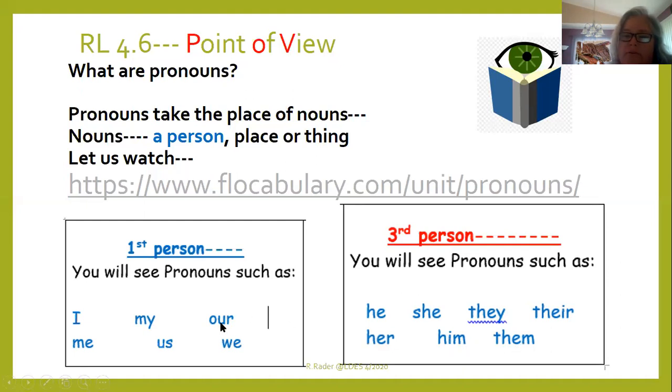So, first person is talking about I. Third person is talking about somebody else. It's kind of like on the playground whenever there's a disagreement and somebody always comes running to the teacher to tell them what happened, and they weren't even in the situation. That's always coming from a third person, because you always hear words like he said this and she did that.